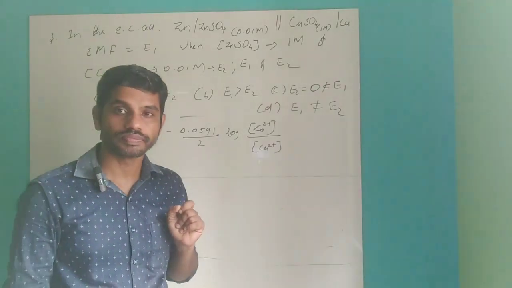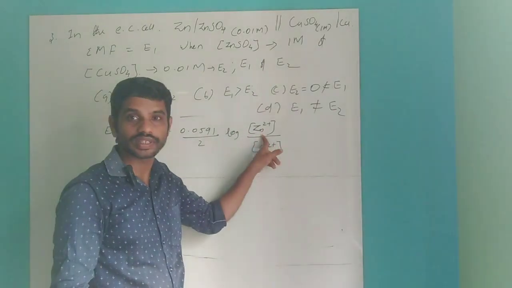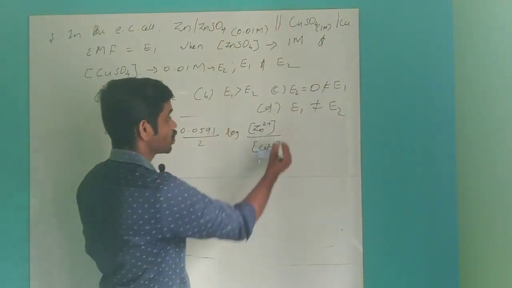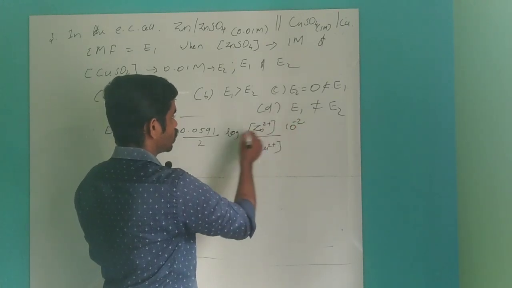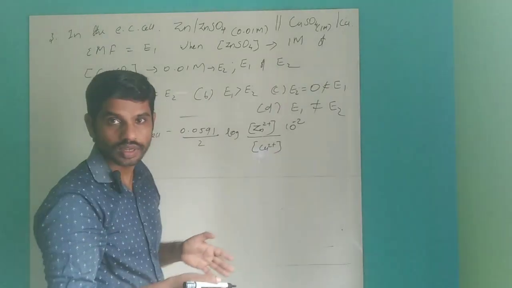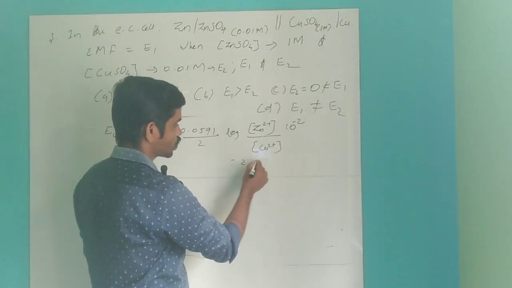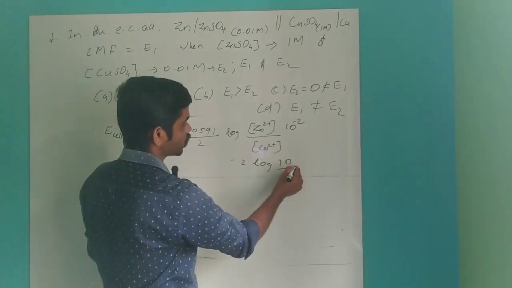So you see, in the first case there is less quantity. Zn concentration is 10 power minus 2. So if you do this, it will come as minus 2 log 10. Copper 2+ is 1 only.